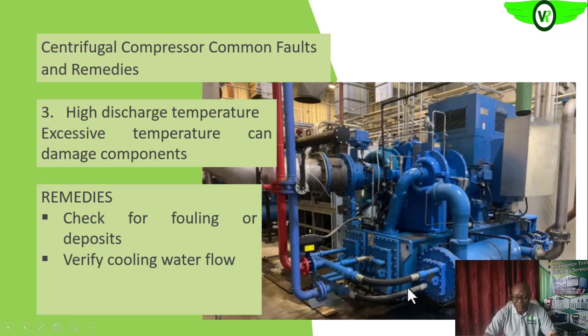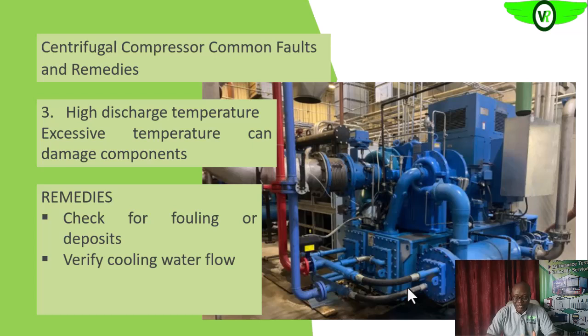you will see that it means the heat exchanger is very effective, absorbing enough heat from the compressed gas. But if the delta T, the difference in temperature, is so close, it means that it's not that effective.